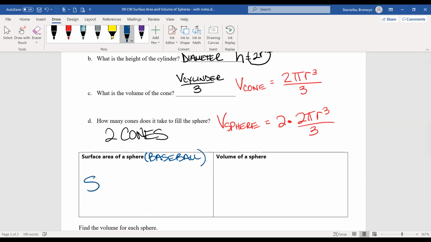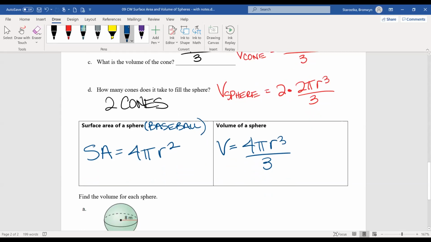So our surface area of a sphere is 4 pi r squared. And our volume of a sphere is 2 cones. And so our volume of a sphere is going to be 4 pi r cubed divided by 3.